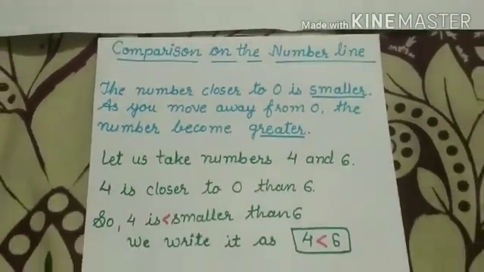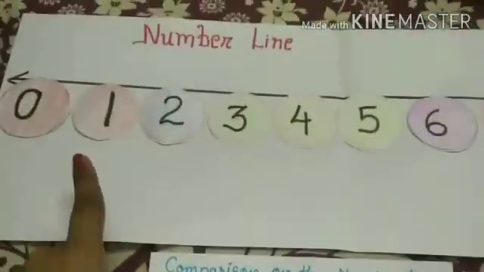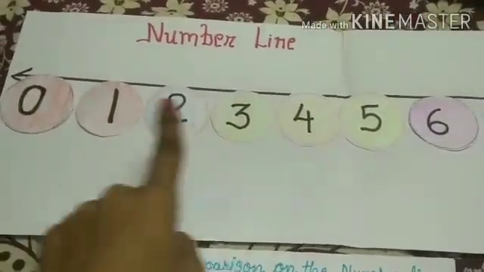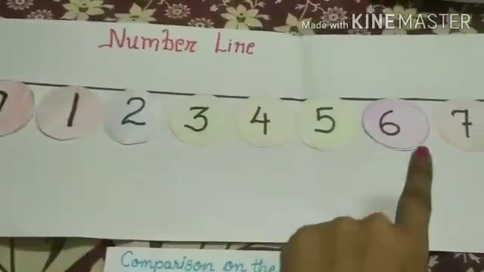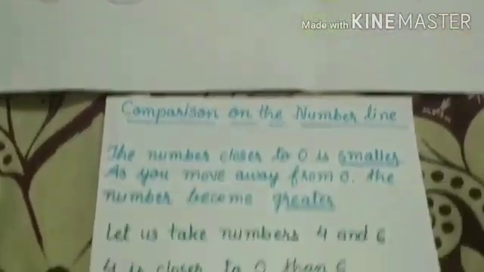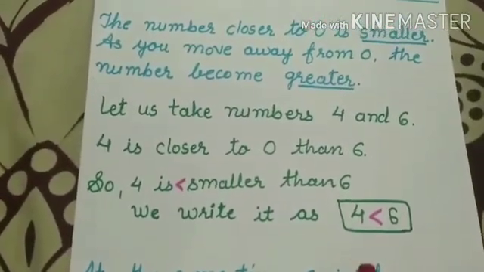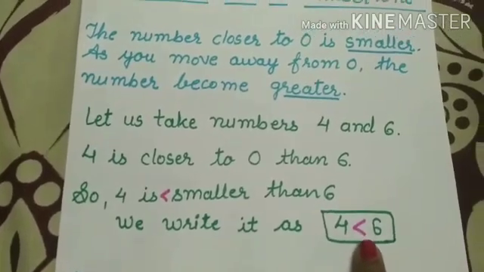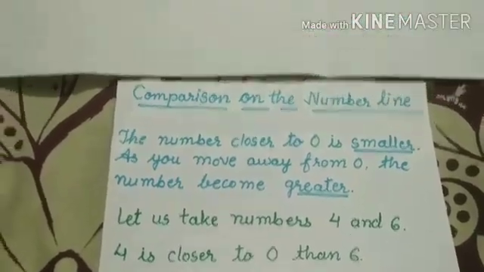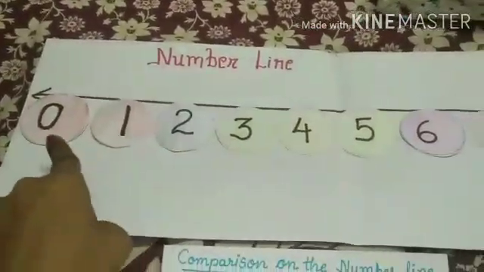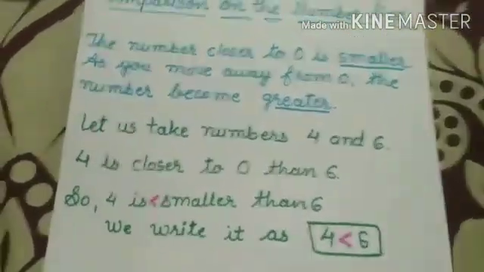Let's take an example of numbers 4 and 6. As you can see, 4 is closer to 0. 6 is far away from 0. So, we'll write 4 less than 6. Just now we have seen that 4 is closer to 0, so 4 is smaller than 6.